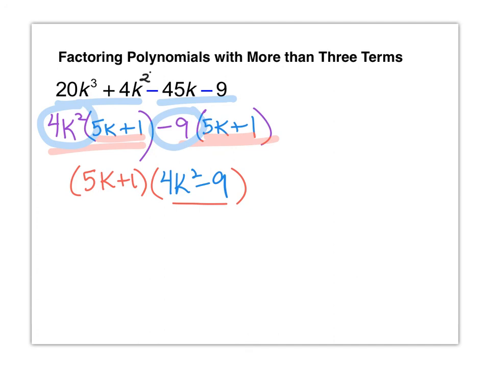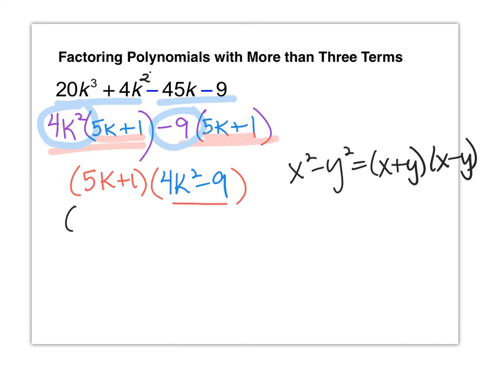That you should recognize as a difference of 2 squares. Remember that x squared minus y squared can be factored into x plus y and x minus y. So 4k squared, that's a perfect square, and 9 is also a perfect square. So think of this second polynomial, or second factor, as 2k squared minus 3 squared, and we're going to apply the formula.